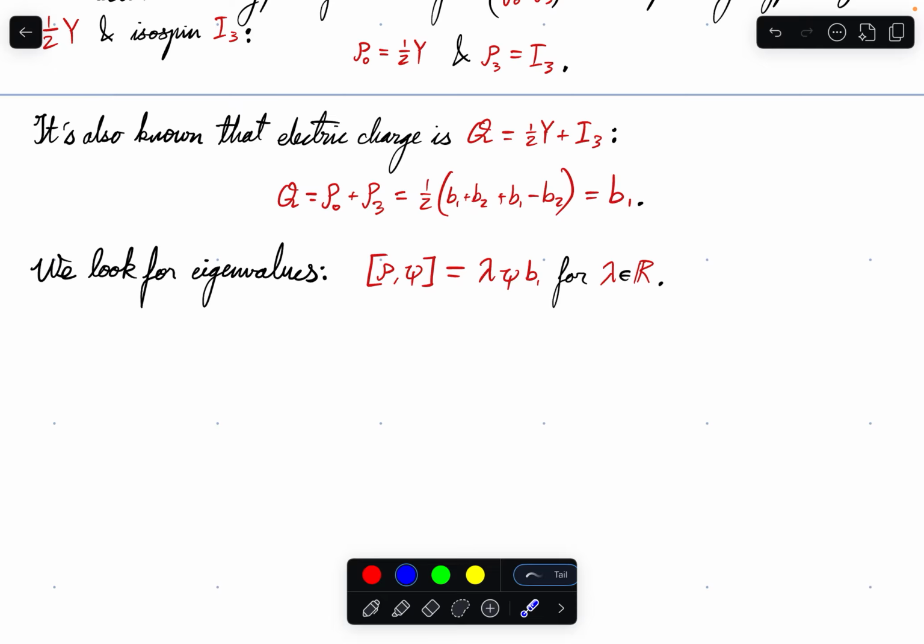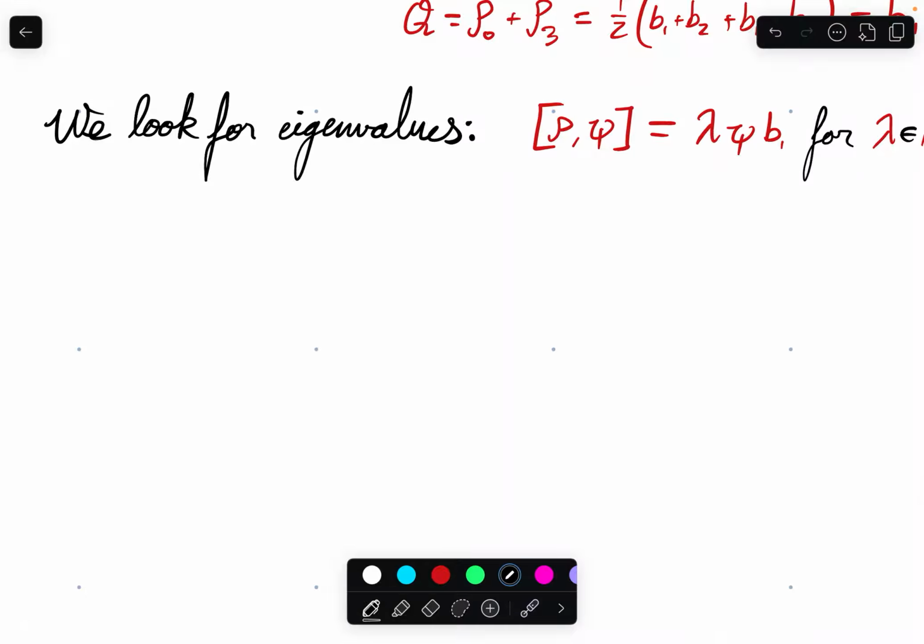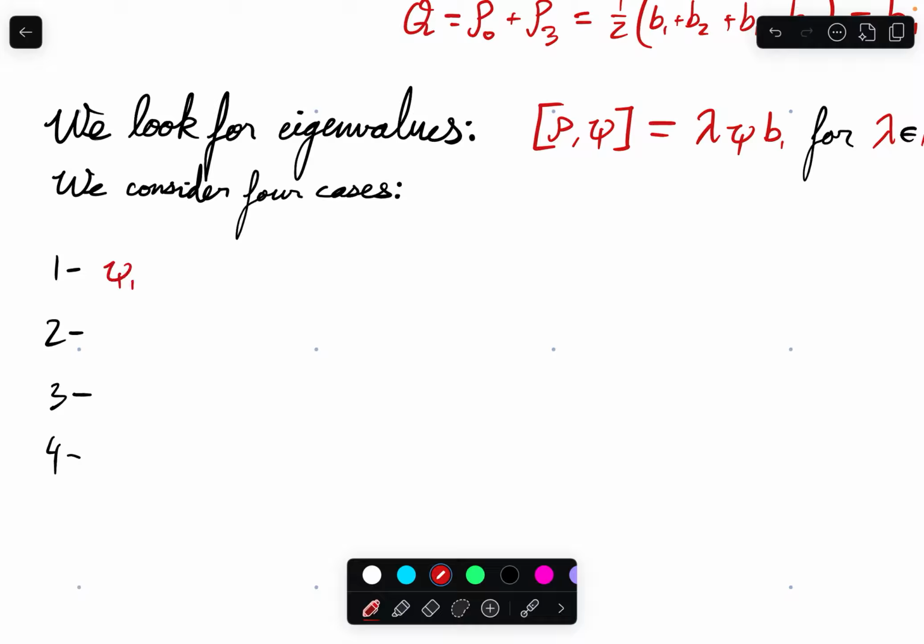I'm going to cover just the 4 cases of the paper, because those 4 cases correspond to particle fields. We consider 4 cases: C1, C2, C3, and C4.